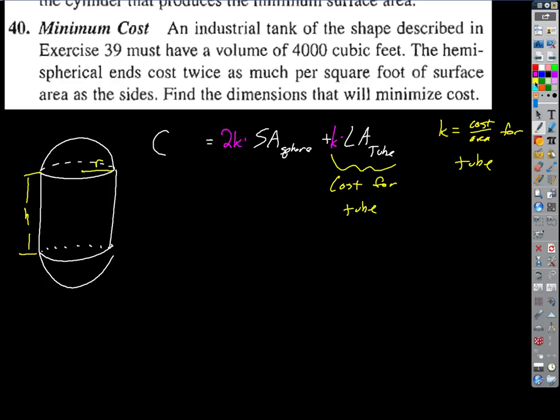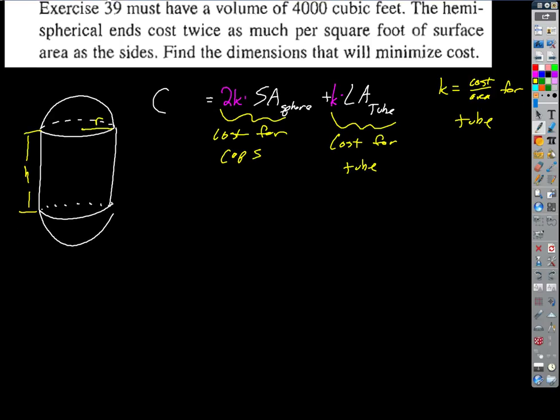Okay, so there's going to be the cost for the caps. Okay, so what is the surface area of a sphere? Remember? 4/3 pi r cubed is the volume.